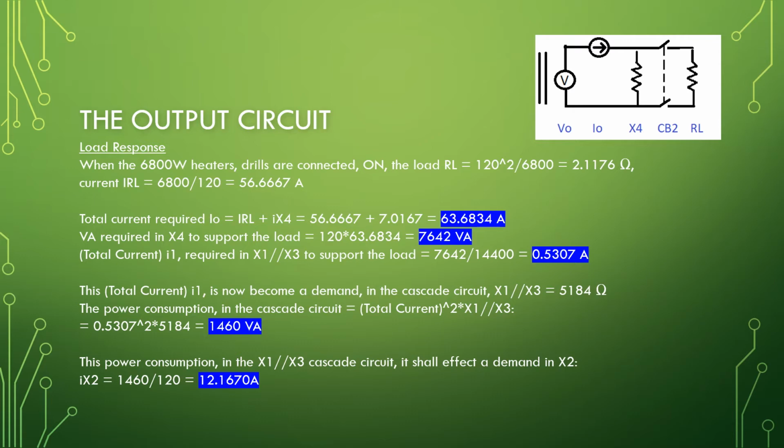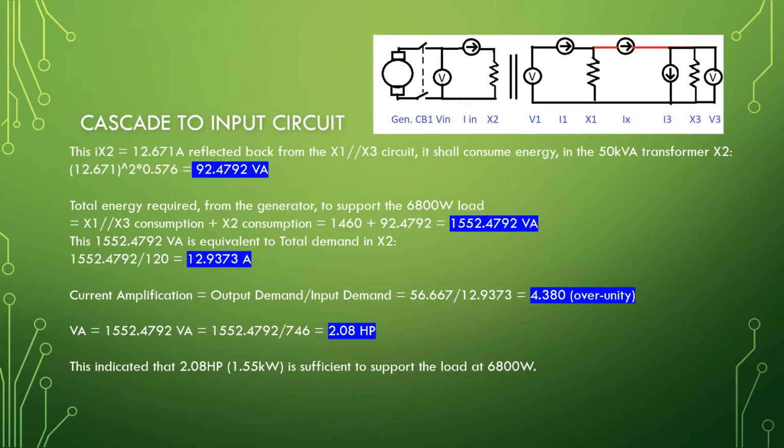IX2 equal to 1,460 VA divided by 120 volt equal to 12.1670 ampere. Cascade to input circuit. This IX2 equal to 12.671 ampere reflect back from the X1 parallel X3 circuit.